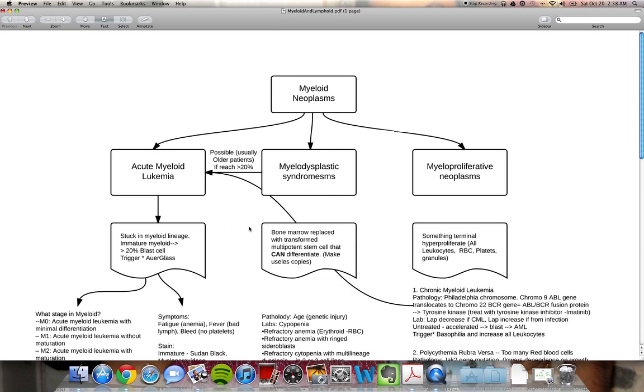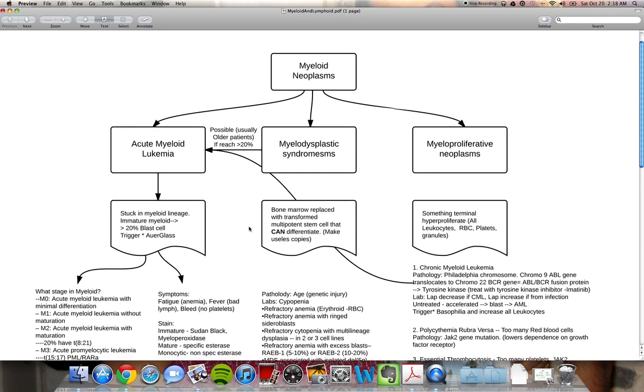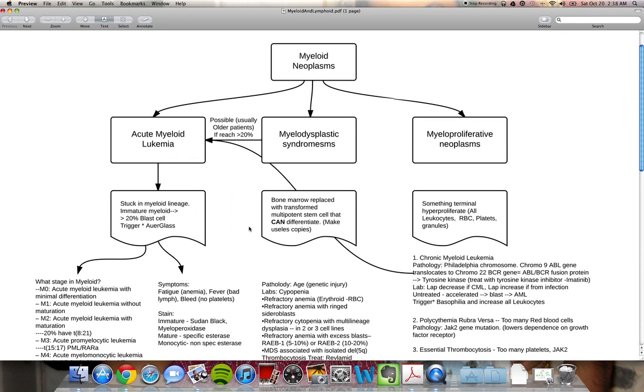So what are the symptoms when you have acute myeloid leukemia? You can't make those myeloid final products. You're going to be tired and fatigued, because you don't have red blood cells, causing anemia. You're going to get a fever because you're not able to make those leukocytes. You're going to bleed because you're not able to make those platelets.